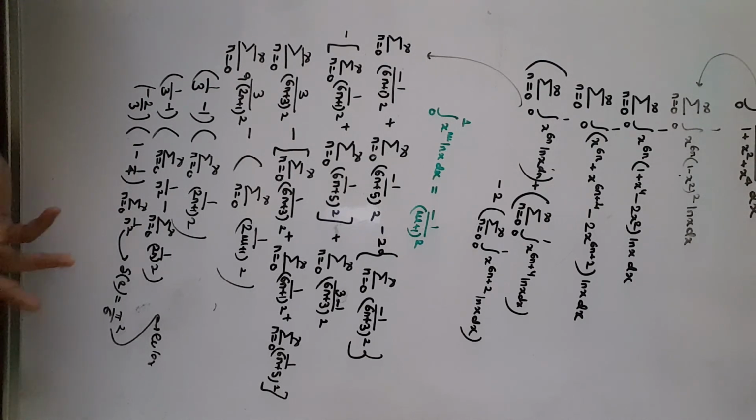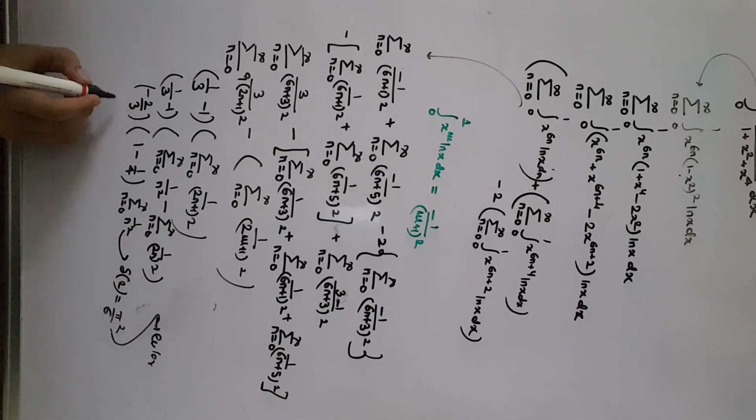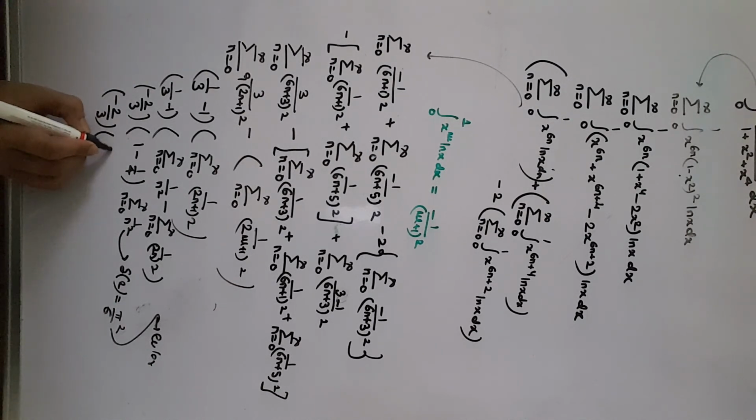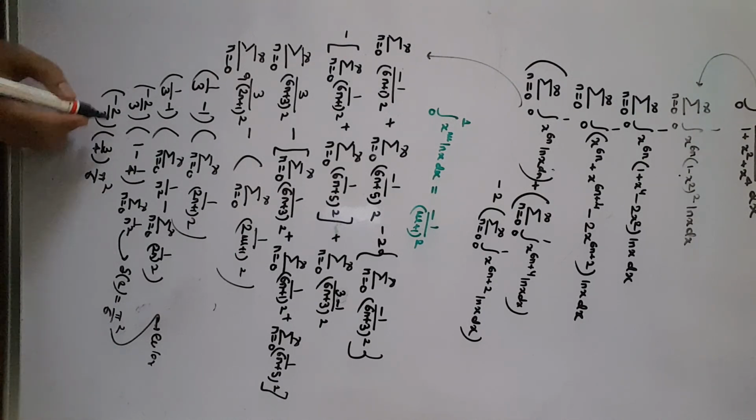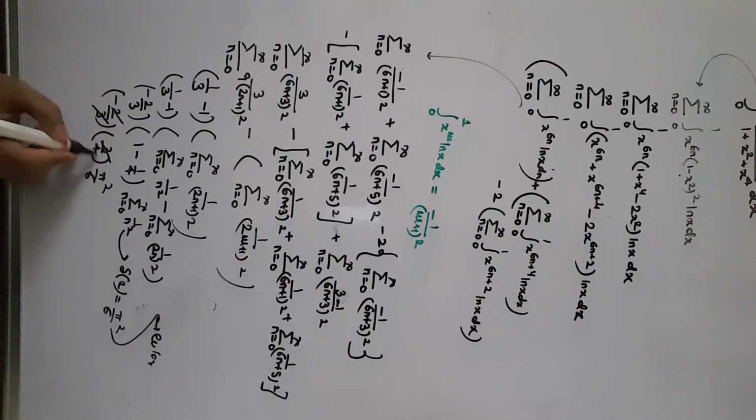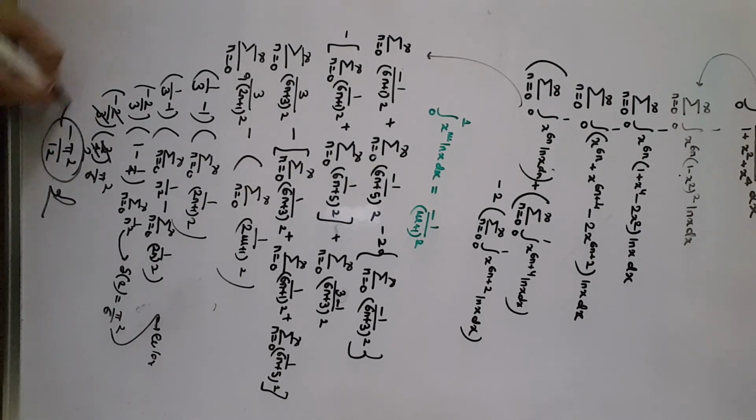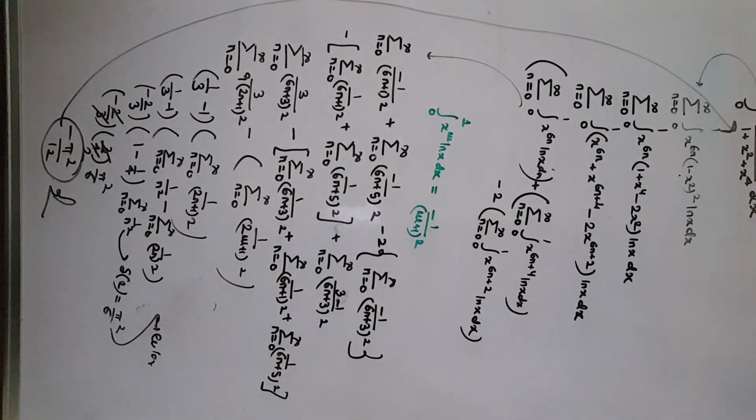But for now let us take the value only. So we have arrived at the answer, which is minus 2 by 3 into 3 by 4 into pi square by 6, which is equals to, 3 can be cancelled, it will be 2, and so minus pi to the power of 2 by 12 is our answer for this question.